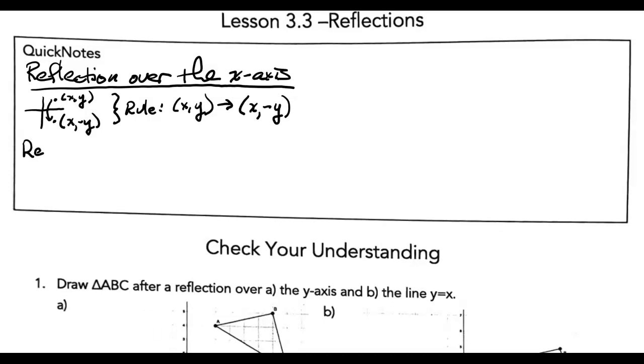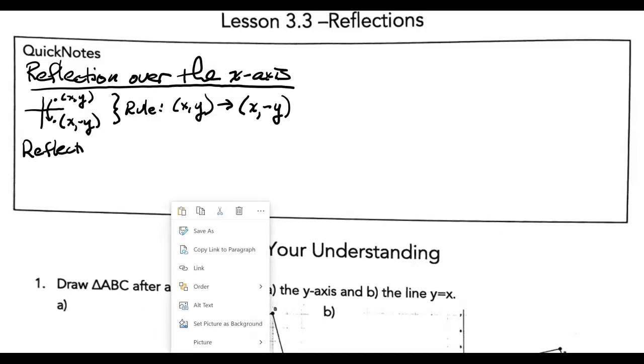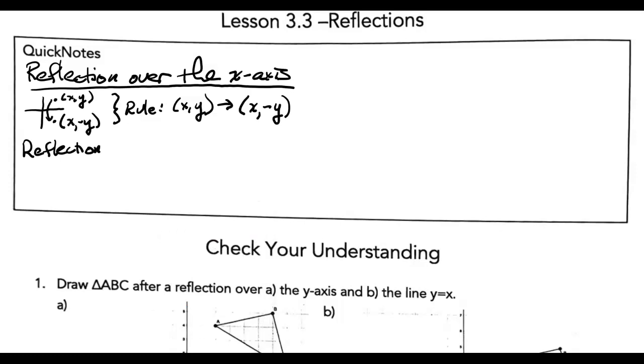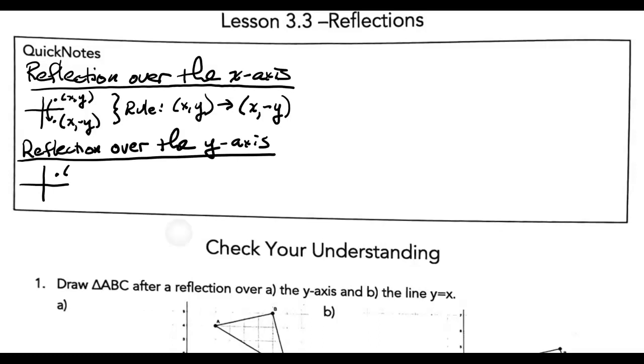Now let's take a look at a reflection over the y-axis. So it's similar. Let's look at our little graph. Here's our point in the first quadrant. We'll call it xy.